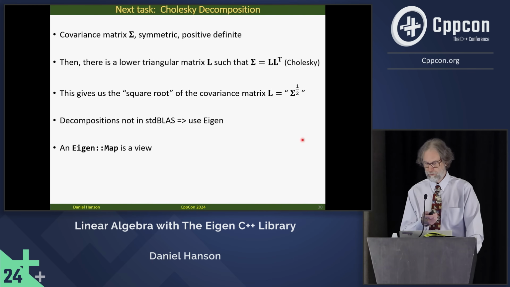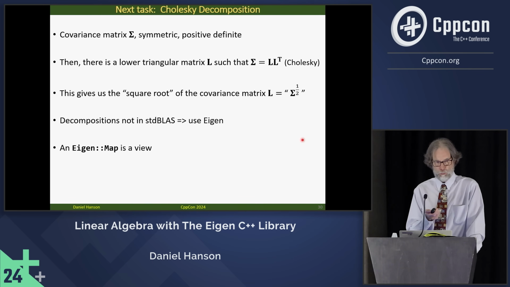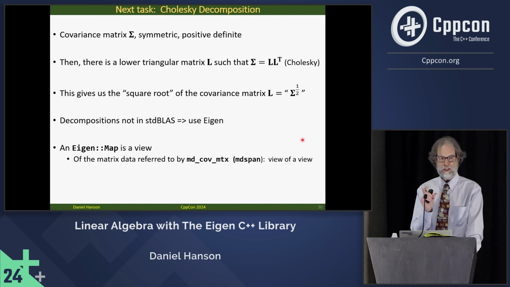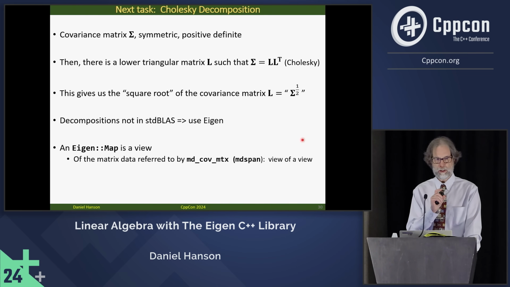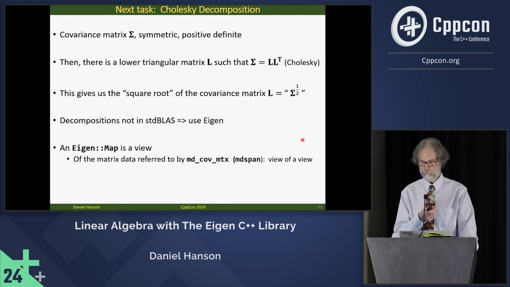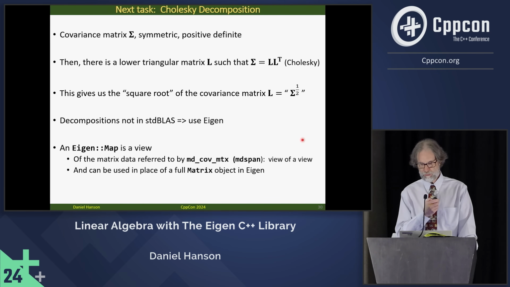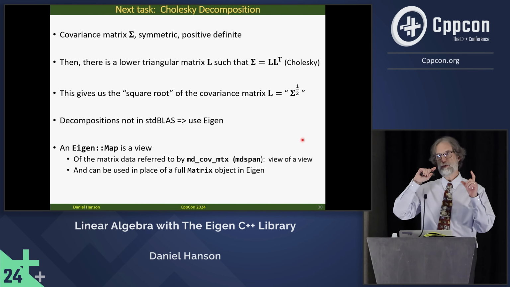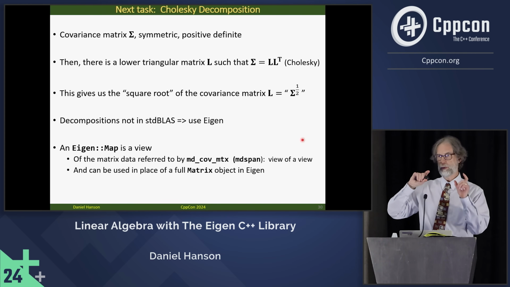We can take a view of the matrix data that is referred to by our covariance matrix mdspan. So essentially what you get here is a view of a view. And it can be used in place of a full matrix object in Eigen. So this is very convenient. This is the gateway between stdBLAS and Eigen and back.